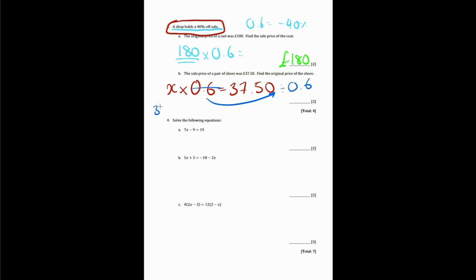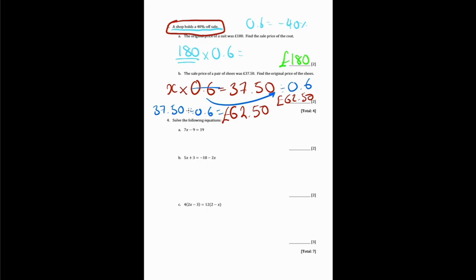So 37.50 divided by 0.6, if you put this into your calculator, equals £62.50. So our answer is £62.50. You can pause the video if you want to make it a bit easier.